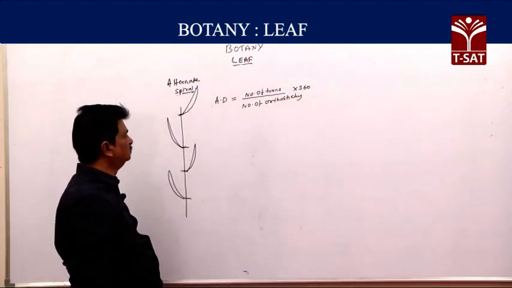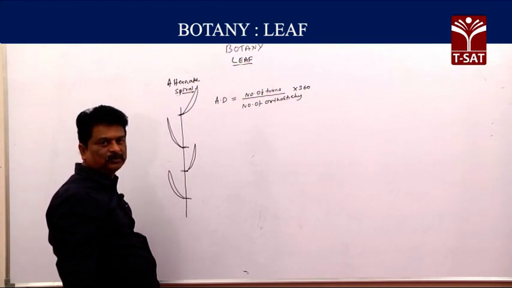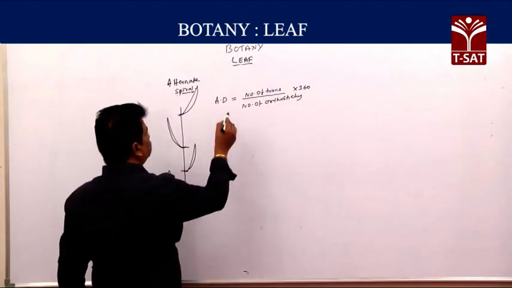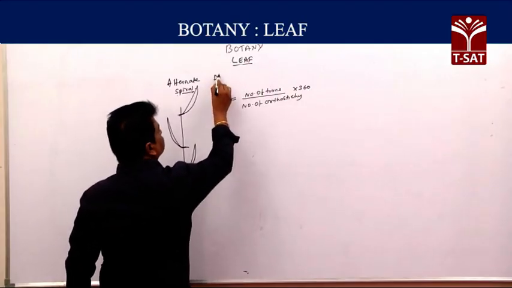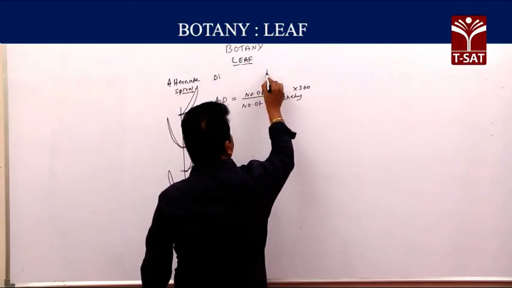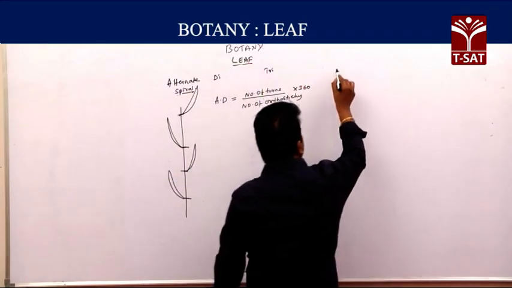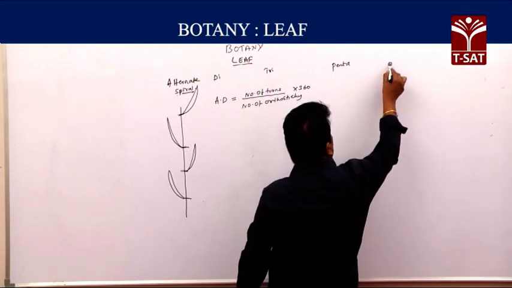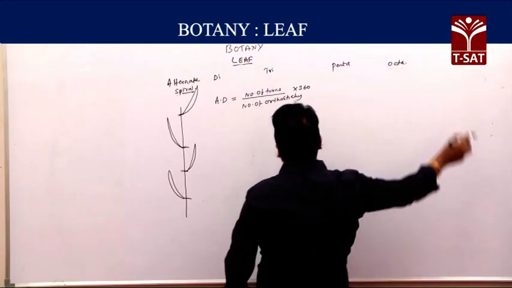Based on number of rows of leaves, alternate phyllotaxy is divided into 4 types.